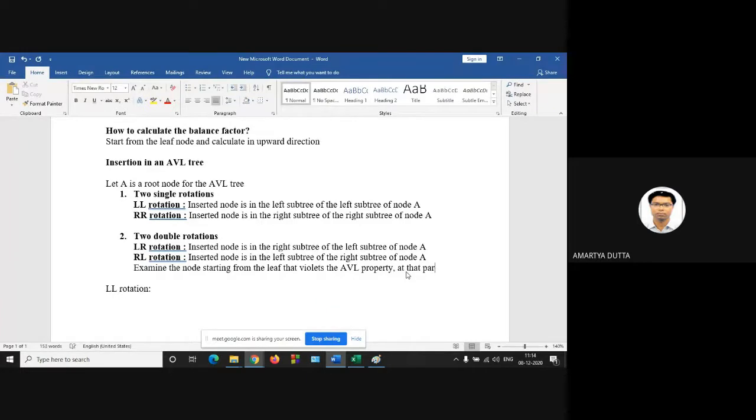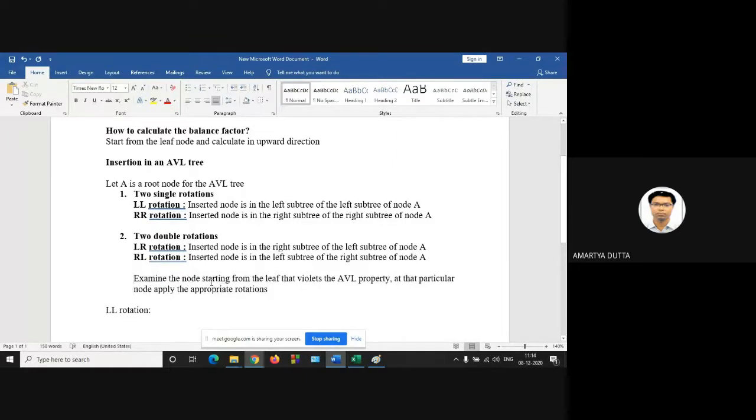At that particular node, apply the appropriate rotations. So this is the rule. Examine the node starting from the leaf that violates the AVL property. What is the AVL property?